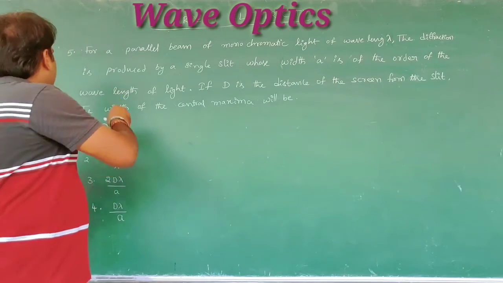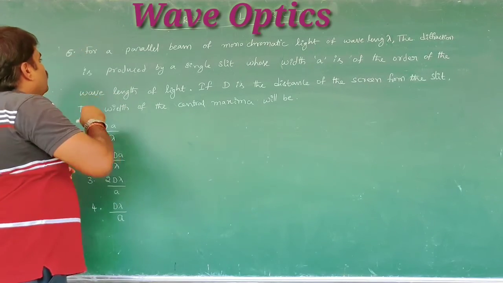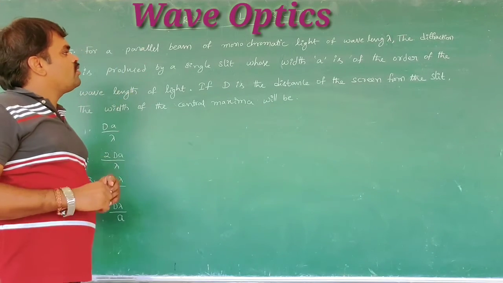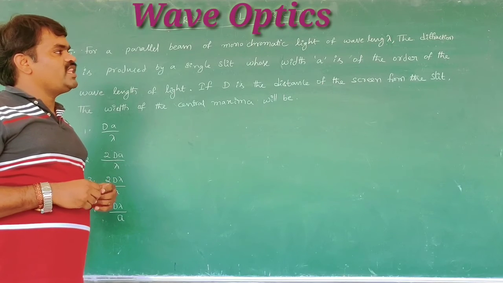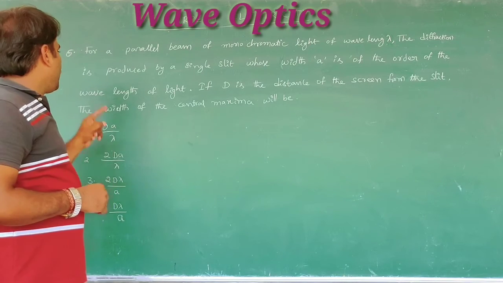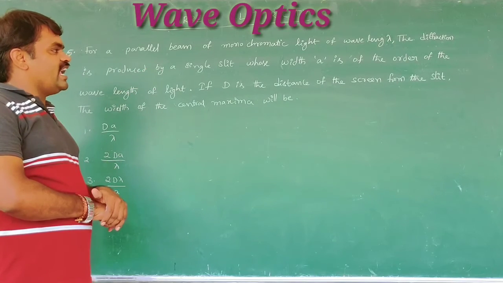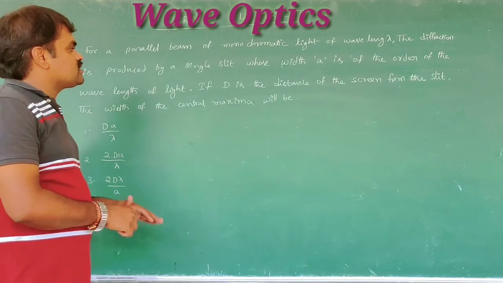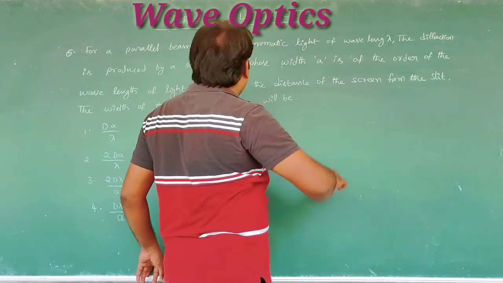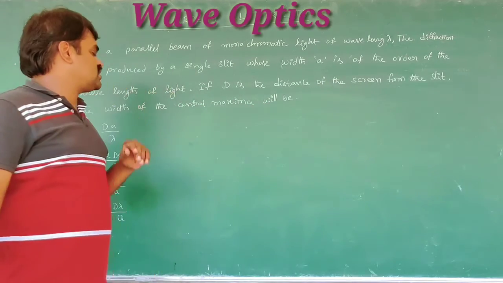Now going to the sixth problem. For a parallel beam of monochromatic light of wavelength lambda, diffraction is produced by a single slit whose width is A, of the order of the wavelength of light.